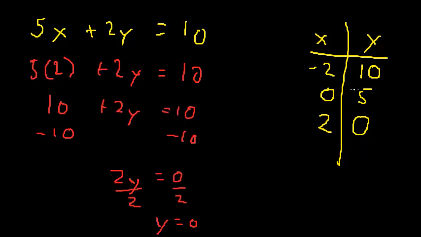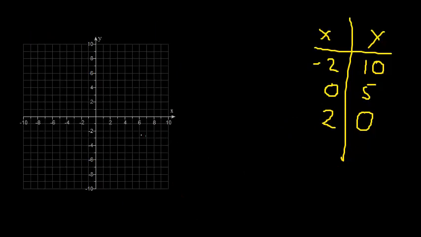Let's go ahead and plot these 3 points and make sure that those 3 points give us a line on our coordinate system. Let's plot our points. -2, 10. We have a point right there. 0, 5. Point right here. And 2, 0. Another point right here.